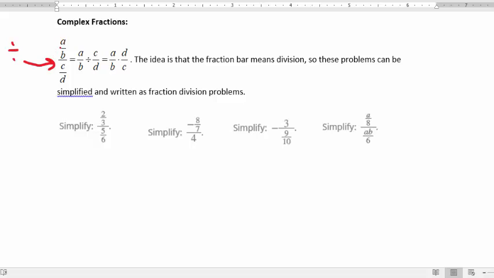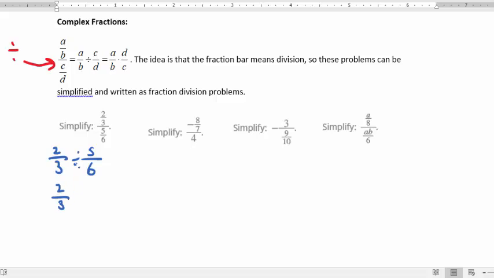So this is saying A over B divided by C over D. And then once you do your keep change flip, it becomes A over B times D over C. So it's just turning it into a division problem and then doing keep change flip. So it's pretty simple, right? Like 2/3 over 5/6, you'd write that as 2/3 divided by 5/6.